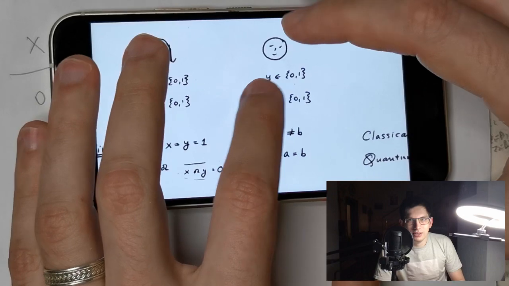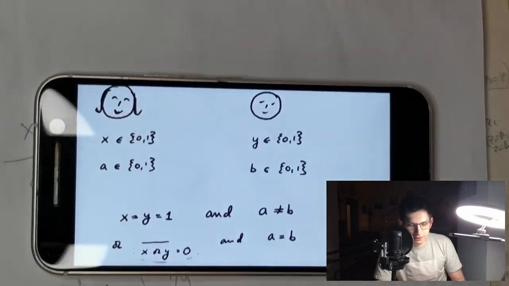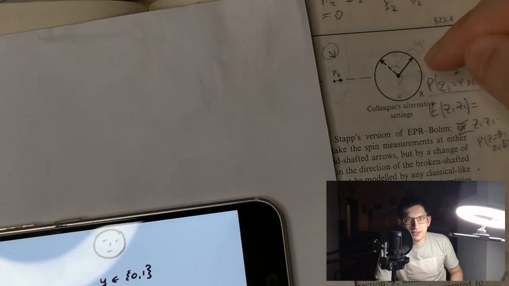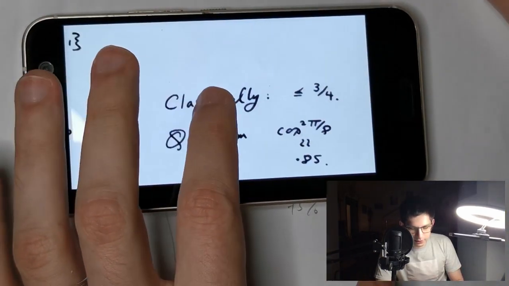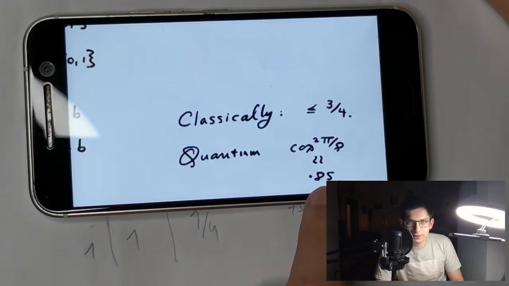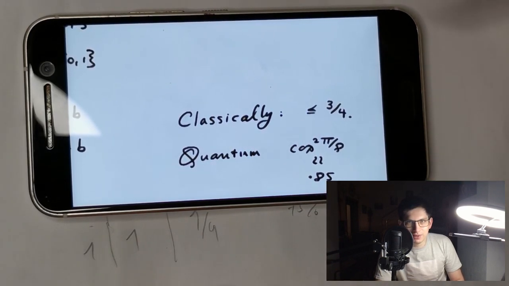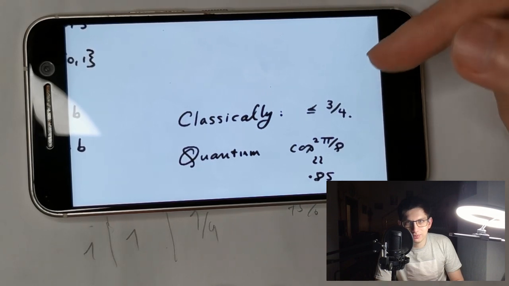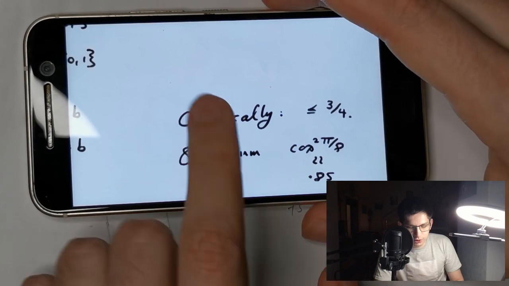And if you use an entangled pair, the way we have seen in 23.4, then the probability will be cosine squared π over 8, and it will be 0.85, so about 85%. In the same way, we beat the classically optimal strategy using the quantum entangled pair.